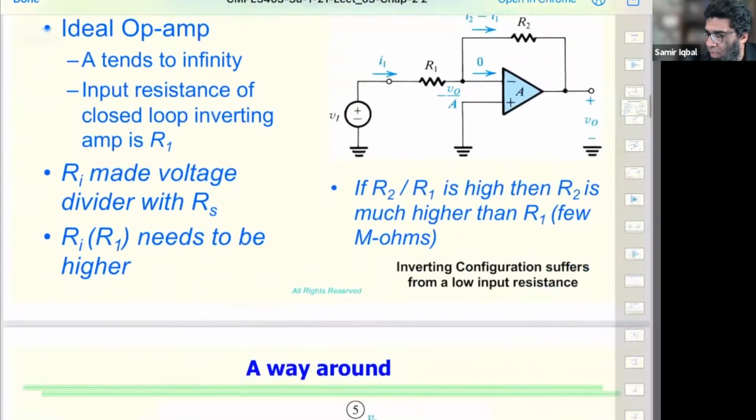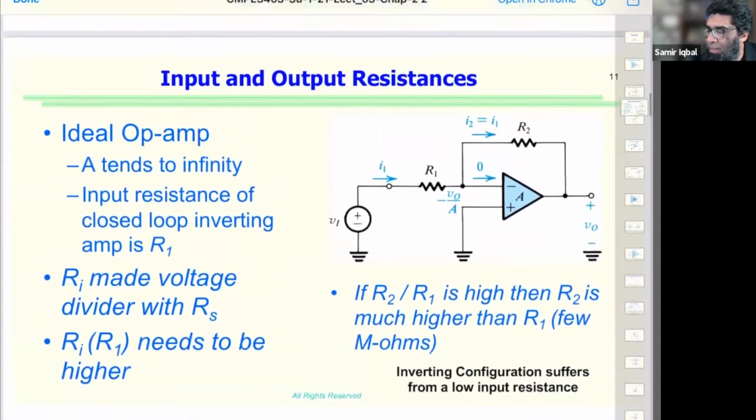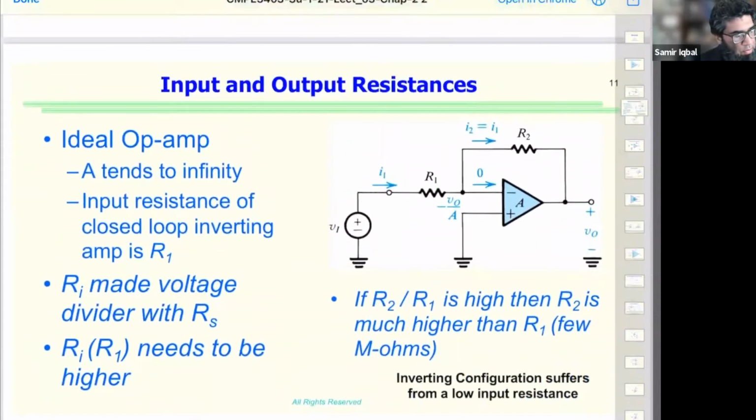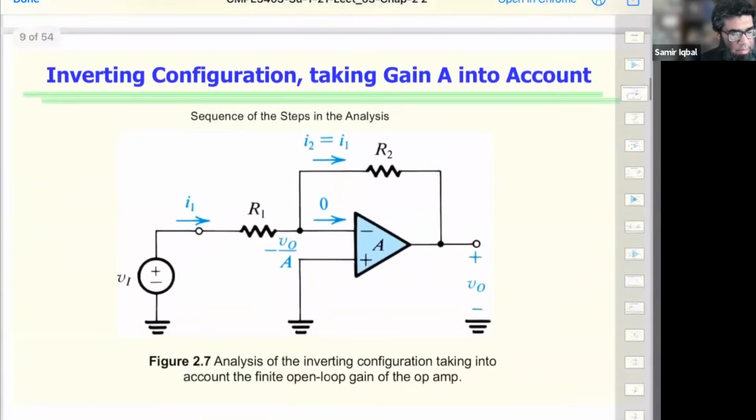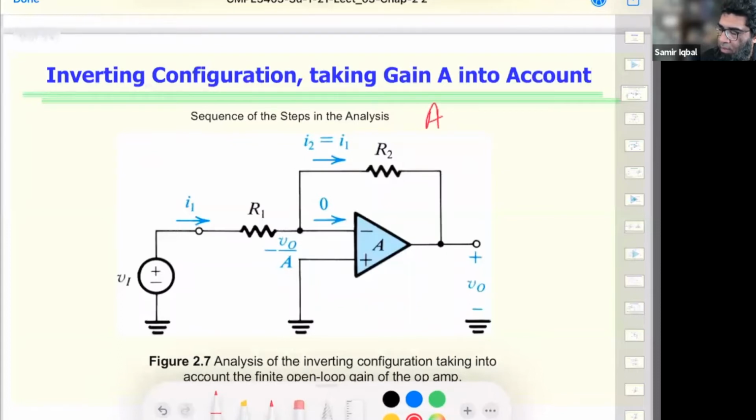This is also how we find the input and output resistance, but before that, I want to touch on the finite open loop gain. So we got the open loop gain as output voltage over input voltage.